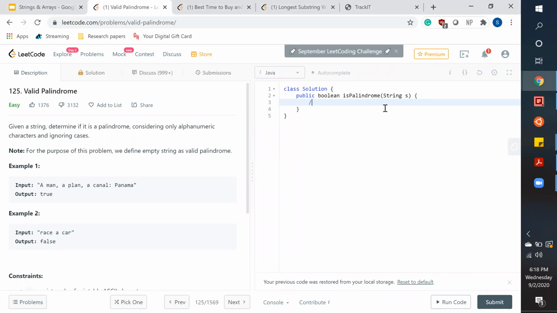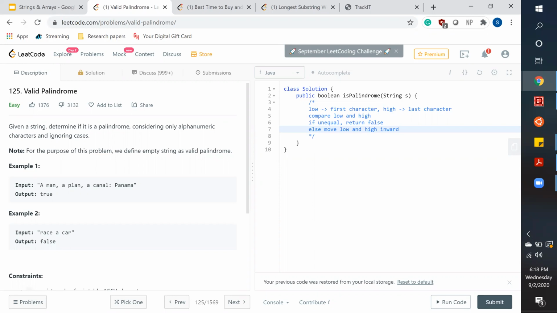Someone has an idea as to how to solve this problem. So they said have a variable low for the first character and high at the last character, and then compare low and high. If unequal, return false, and else just move low and high inward. And they want to repeat this while high is greater than low.